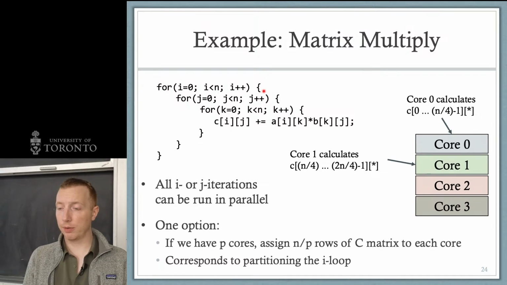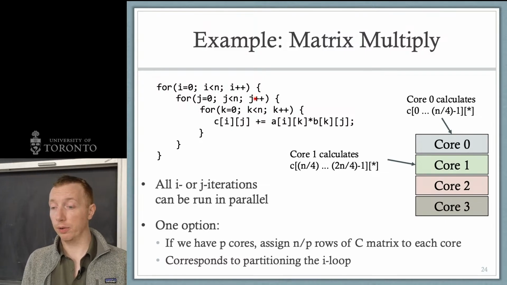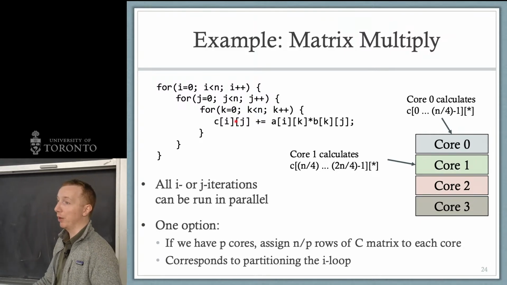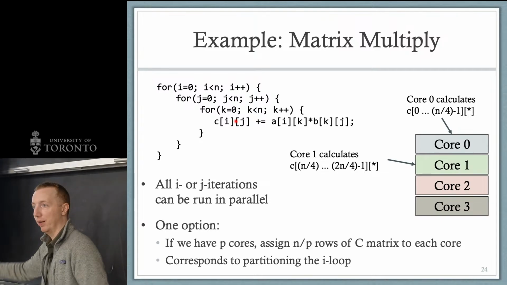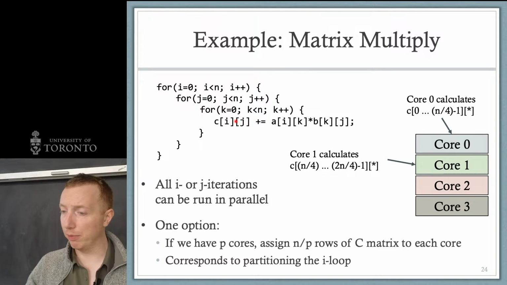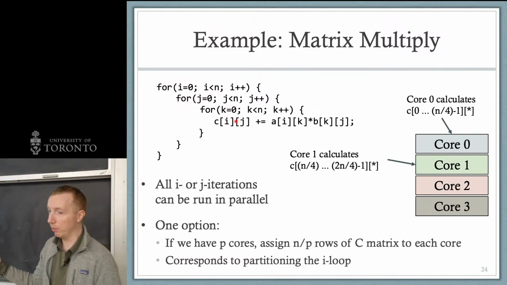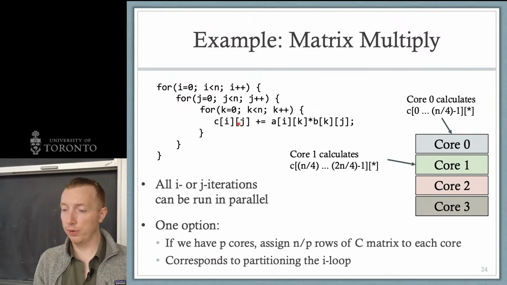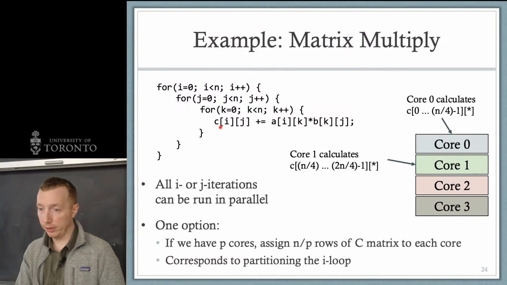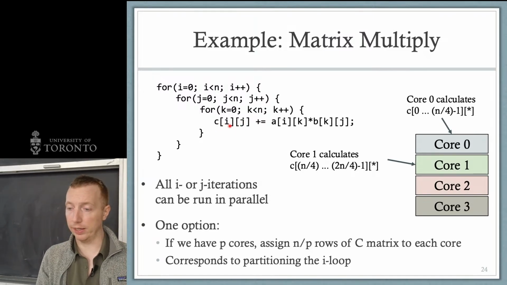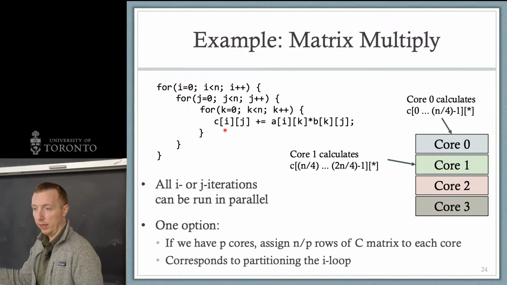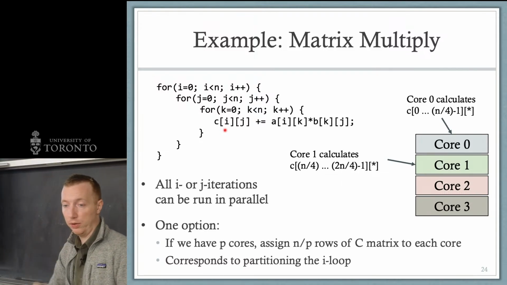If I have a matrix multiply again, something like this, this is something called an embarrassingly parallel problem, because I can easily separate it out into as many independent calculations as I want. So if I have 4 cores, I can just have each core do a fourth of the work. And here, the work would just be assigning to this C index in this 2D array.